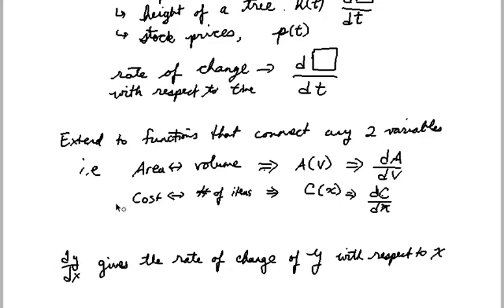As long as it's a smooth curve and there are no big undefined points, and it doesn't do something like this and isn't very discontinuous. As long as it's continuous, we can take the derivative of it. And we say dy/dx is the rate of change of y with respect to x. Okay, so let's look at one example.